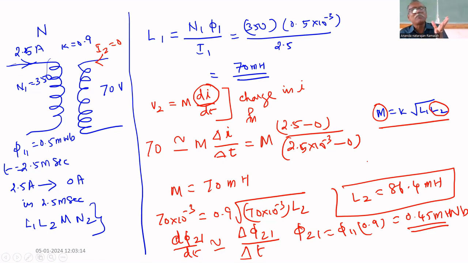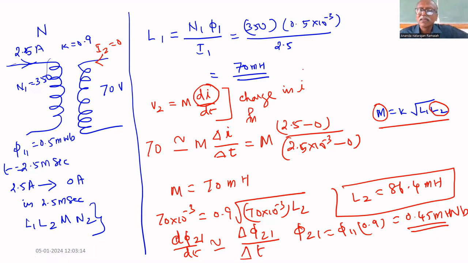That's why it should be multiplied by N2. If you study like this, you need not mug up the formula. In one winding, d phi by dt gives voltage for only one winding, so we have to multiply by the number of turns.